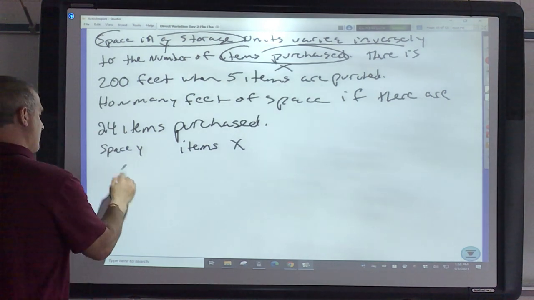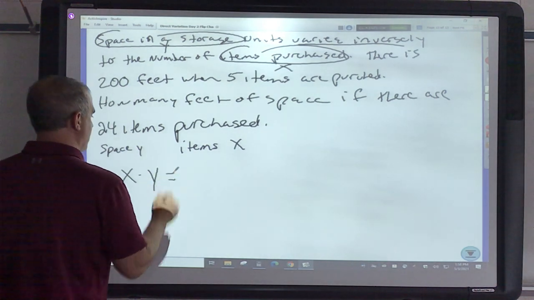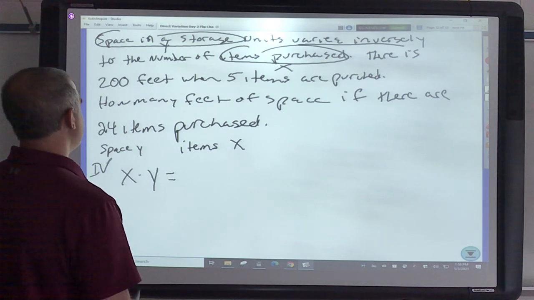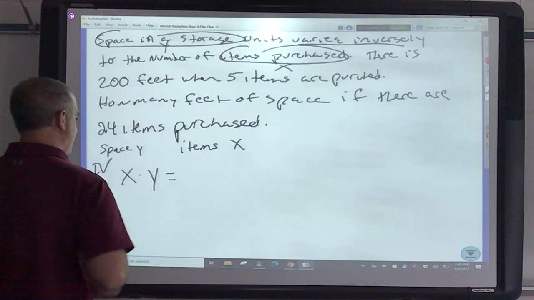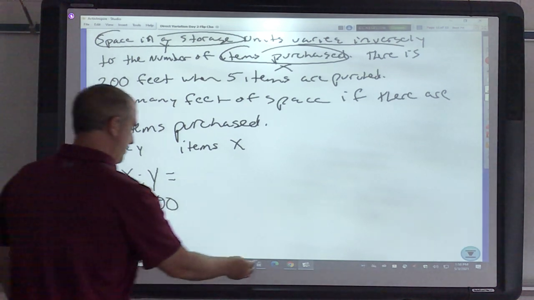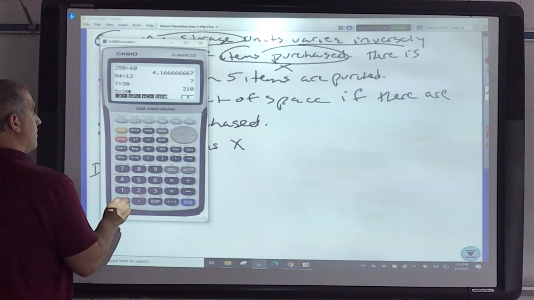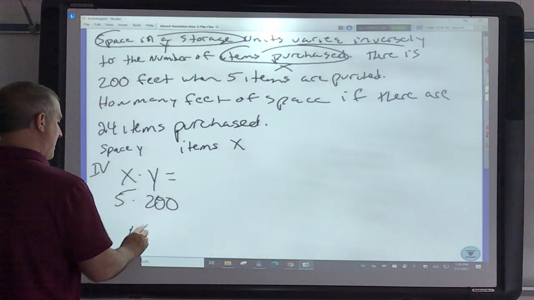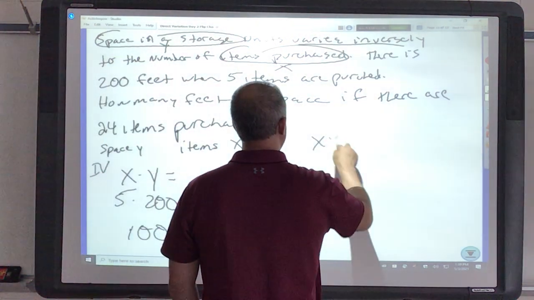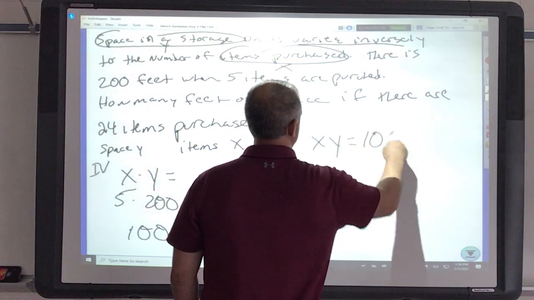So I know that x times y, since it's inverse variation. So what did they tell me? They said their space is 200 feet. The amount of items is 5, so I multiply those. 5 times 200 is 1,000. So my equation is x times y equals 1,000.